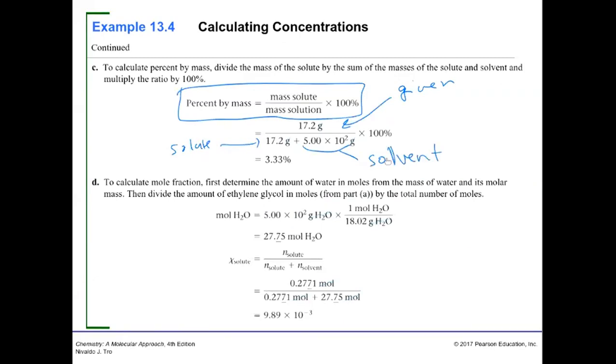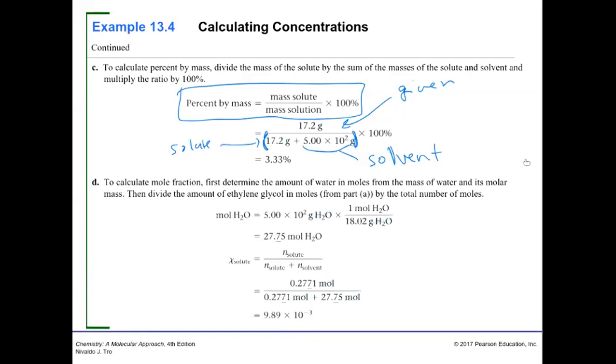They did not tell us how much the whole solution weighed. So that's why we have to add solute plus solvent, and you may need to include parentheses to make sure that all of that stays on the bottom to give your mass percent.